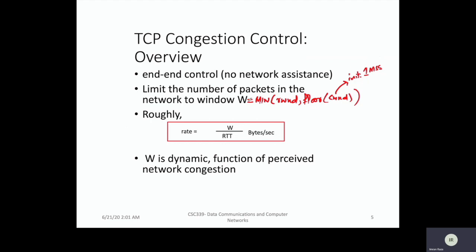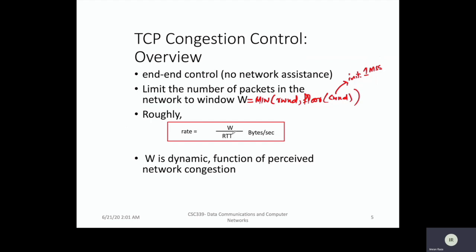By using this variable window, the sender can roughly calculate its sending rate. The sending rate is equal to window, the minimum of the receive window or floor of congestion window, which is initially 1 MSS, divided by RTT, round trip time. It gives the number of bytes per second a sender can transmit.